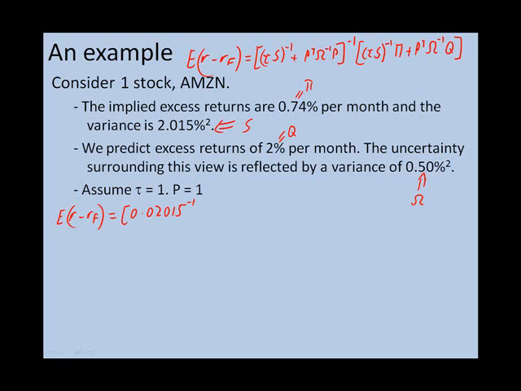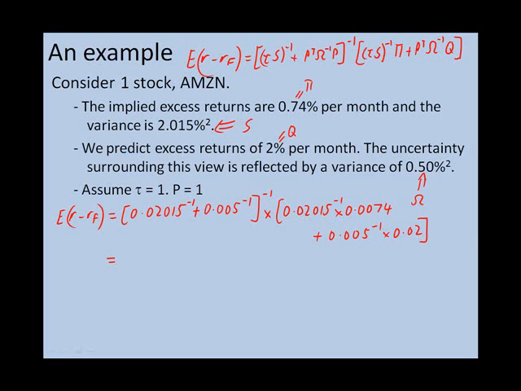If we fill those numbers into the formula, we're going to get (0.02015 to the power minus 1 plus 0.005 to the power minus 1), and all of that is to the power minus 1, multiplied by (0.02015 to the power minus 1 times the implied equilibrium excess return, which is 0.0074, plus 0.005 to the power minus 1 times our view, which is 0.02).